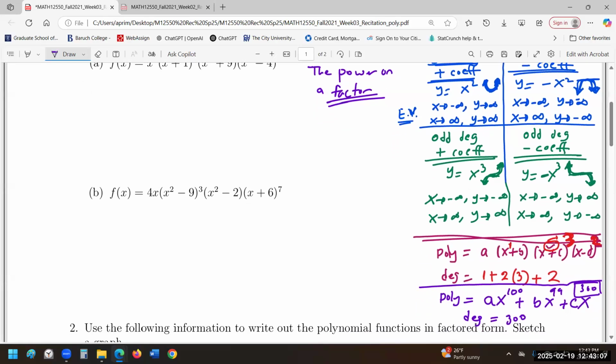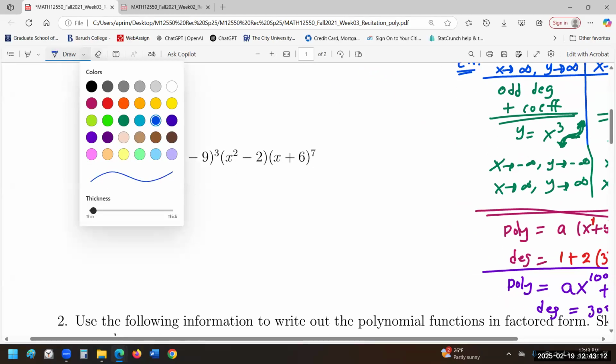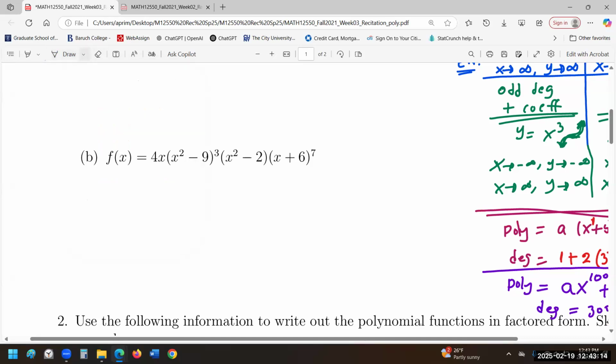Now let me do b. So in b, we have degree. This is in factored form.